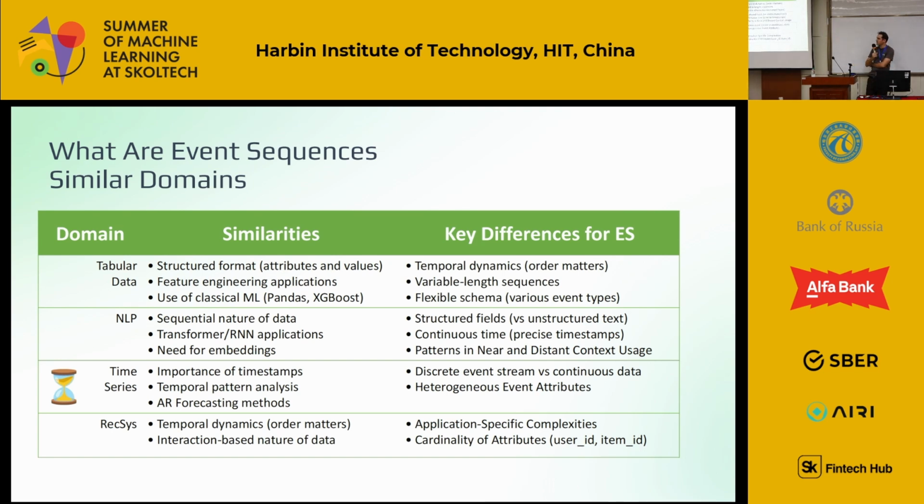The next is NLP. Natural text is the opposite side. Text is a sequence of tokens, and this is similar to event sequence.